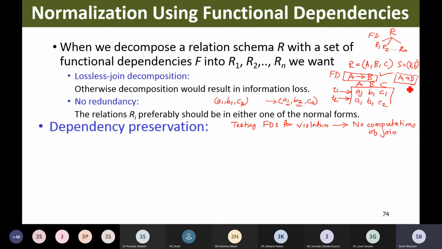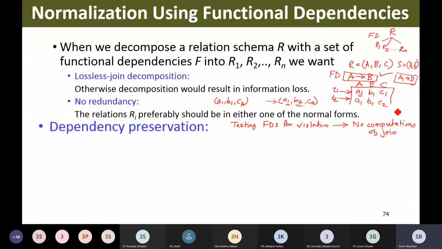So if I would like to test this functional dependency, I need to compute a join of these two relations R and S. Only then would it be possible for me to test that functional dependency. And computation of a join is expensive.